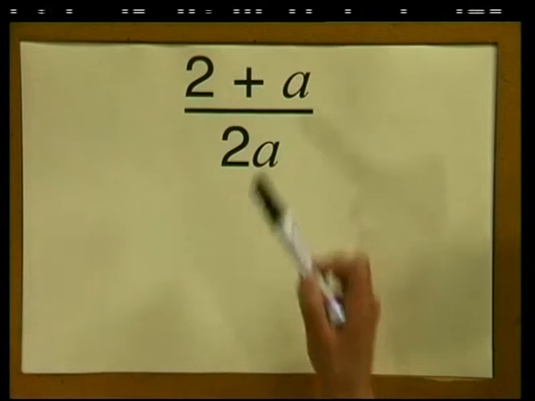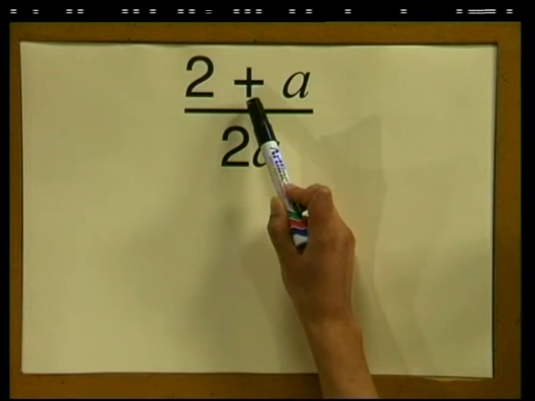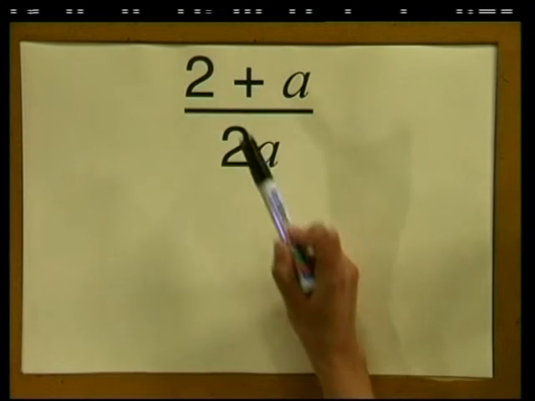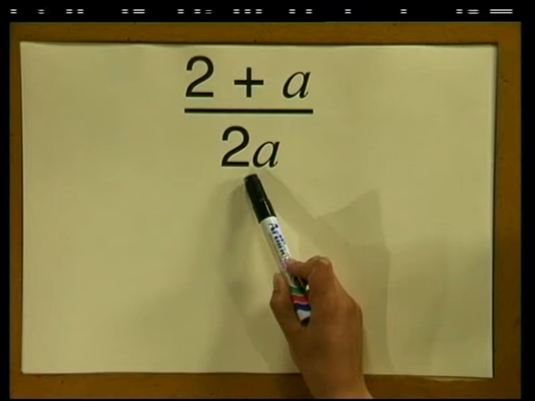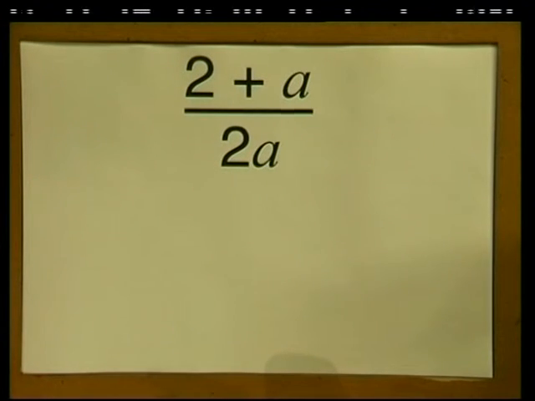Remember, terms are separated by a plus or a minus sign, and in this case, the terms are separated by a plus sign, and only the denominator consists of factors, 2 and a. This fraction cannot be simplified.